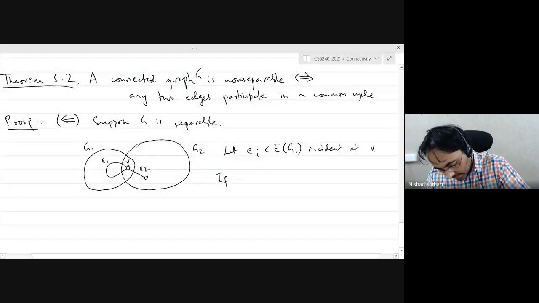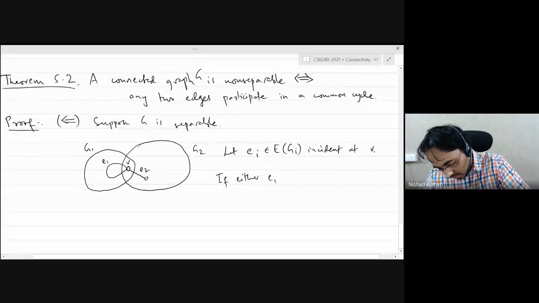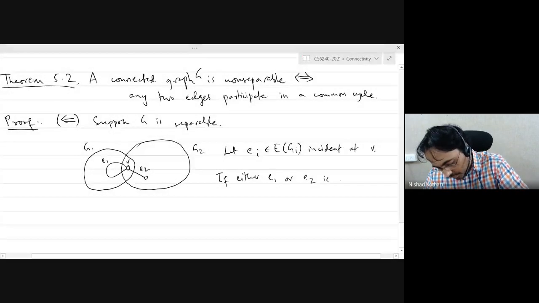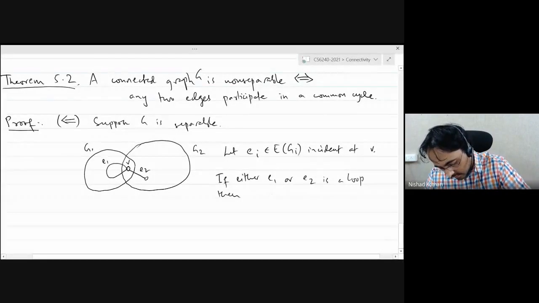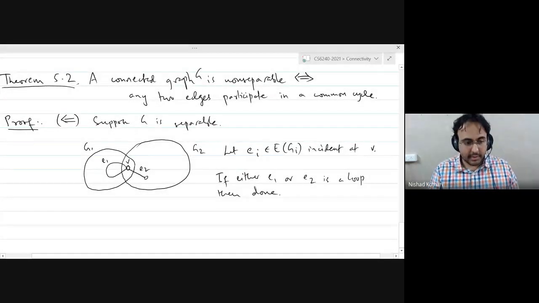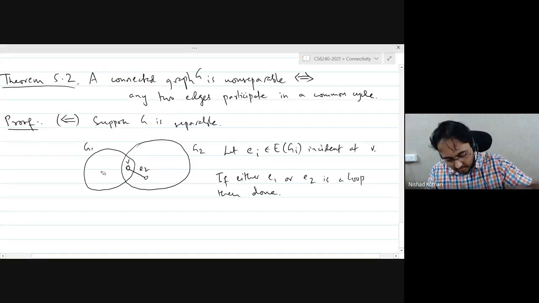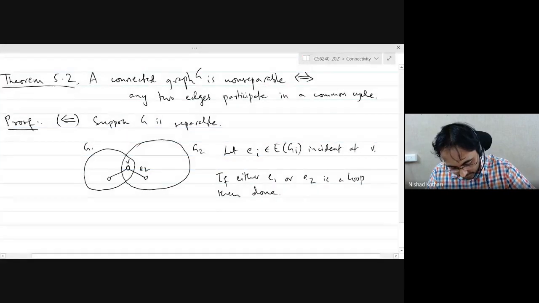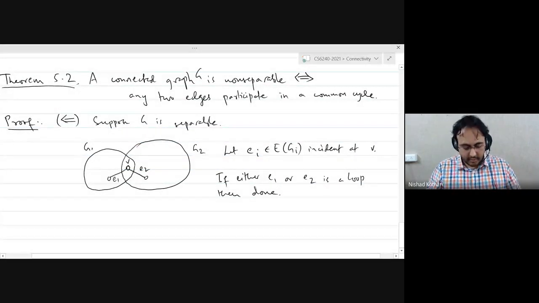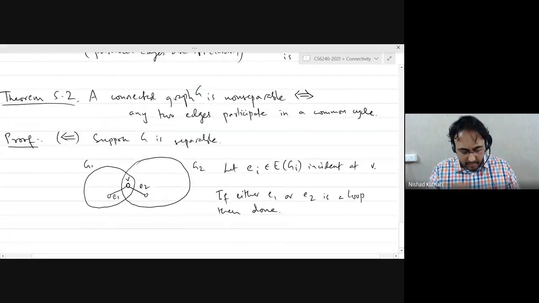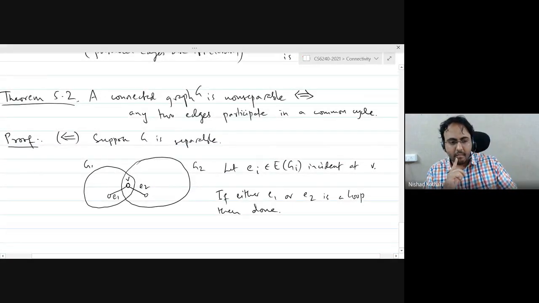If either E1 or E2 is a loop, then done, because there is no cycle containing both of them. Now suppose that they are not loops and they are just regular edges, or as we call them, links.